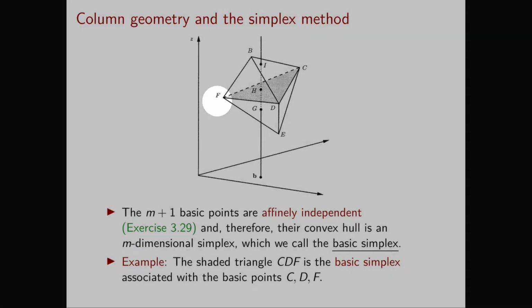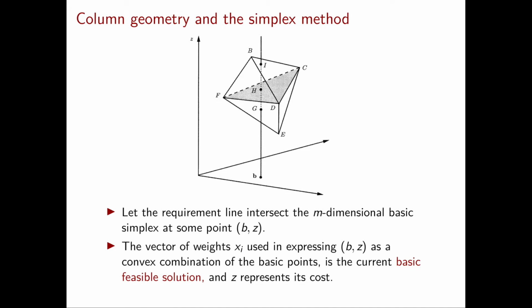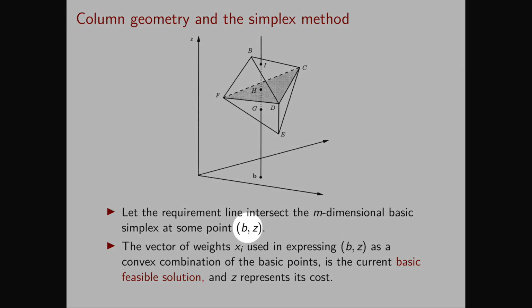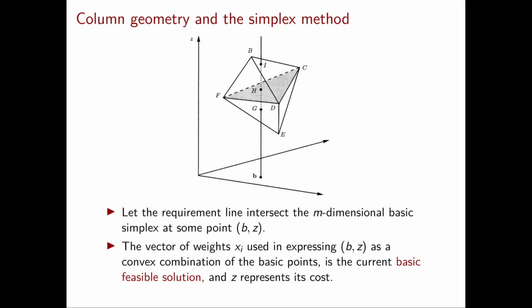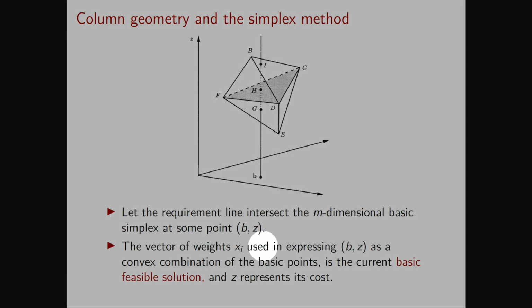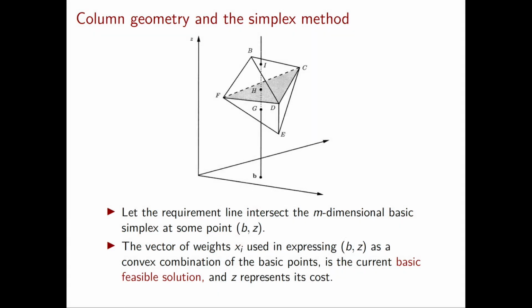Now let's assume that the requirement line intersects the m-dimensional basic simplex. The intersection will be, of course, of the form bz for some z. This means that this intersection vector bz can be written as a convex combination of the vectors ai, ci. Then the current basic feasible solution corresponds to the weights xi used in expressing bz as a convex combination of the basic points.